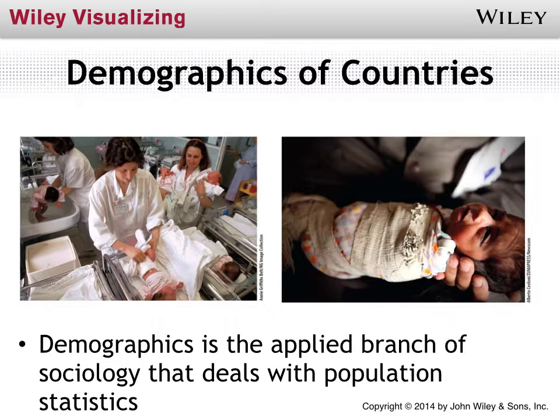So when we're talking about population ecology, demographics is actually the specific branch of sociology that deals with population statistics. And again, it's the same concept whether we're talking about humans or pine trees. So there are people specifically who study the demographics of populations, and in this case, specifically the demographics of human populations.